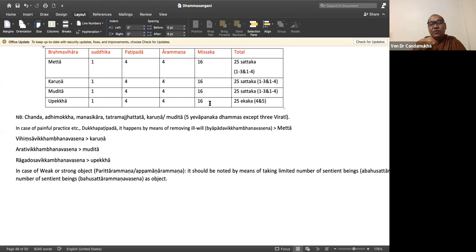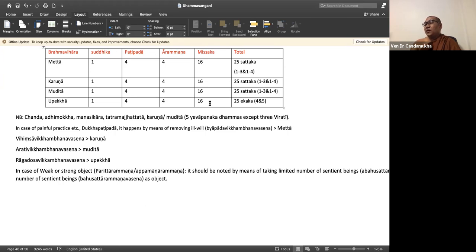When Karuna arises, Mudita will not arise, and vice versa. So here among the Yevapanaka dhammas we can get only 5 for the Karuna, for the Mudita, and so on. That point is given here. This is also a kind of difference from the first Mahakusala Citta. So these only 5 Yevapanaka dhammas are available.